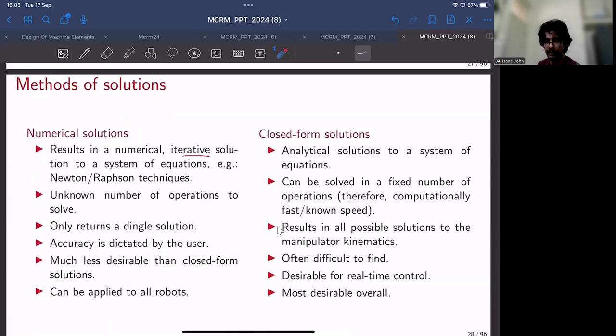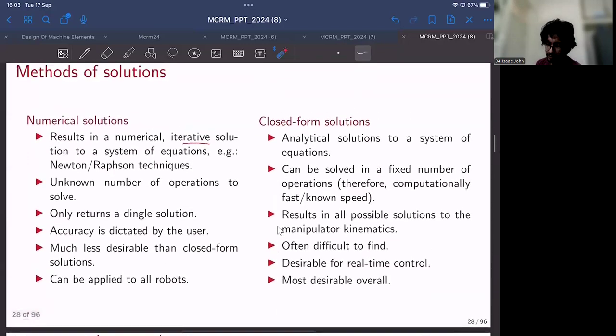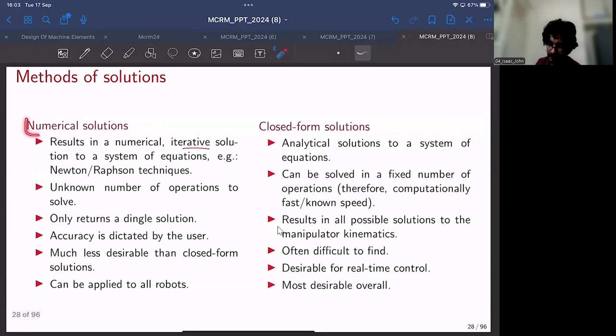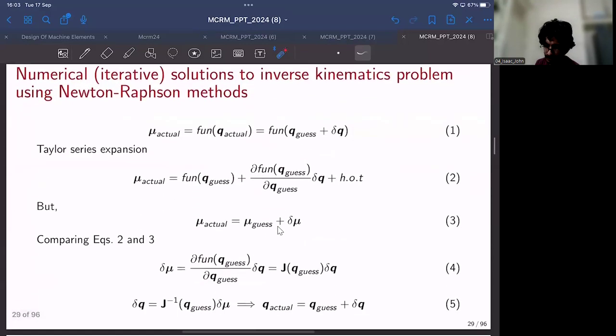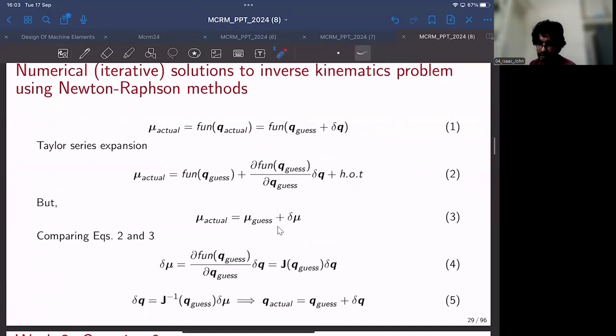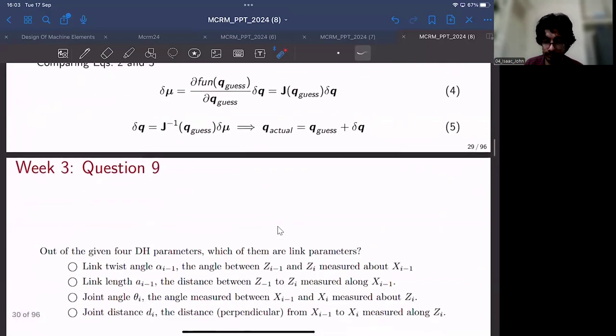So that was the difference between numerical solutions and closed form solutions. We have also seen the implementation of the inverse kinematics using a numerical scheme. It's nothing but using Newton-Raphson, and it's fairly straightforward, so I suppose we don't have to discuss this derivation right now.